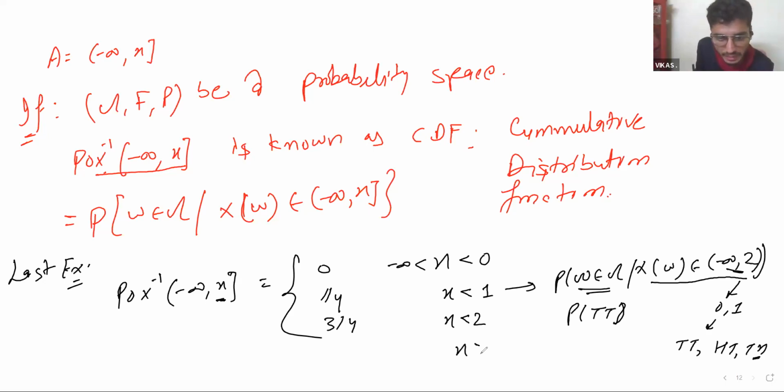If x is greater than 2, it covers the possibilities 0, 1, 2, the only values X was taking, so all 4 cases are favorable: 4 by 4 is 1. So this is the CDF of that random variable.